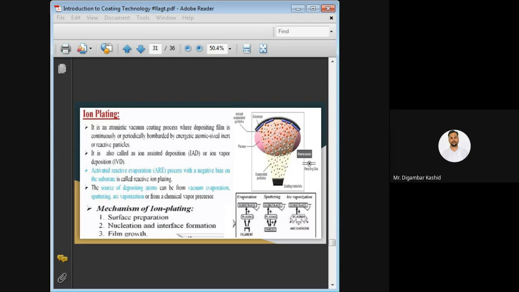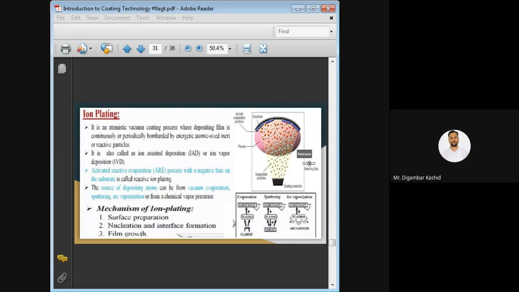We are bombarding these particles onto your source material, and then we are doing the coating onto the substrate.